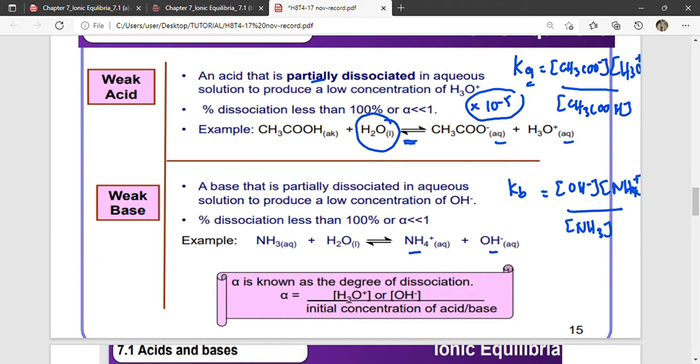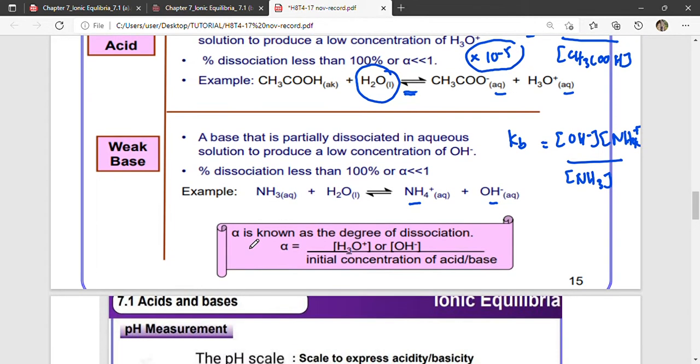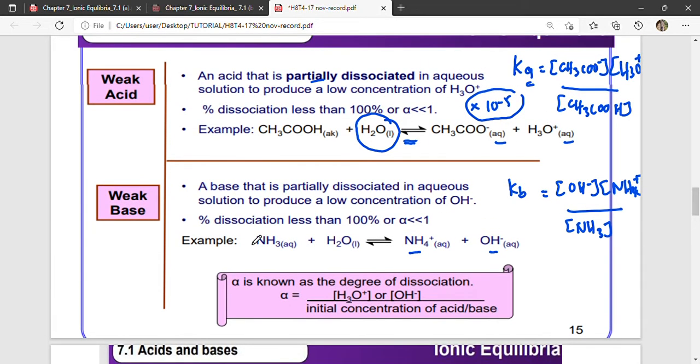Later on, I will show how we calculate questions related to Ka, Kb and also alpha. So don't worry about that.